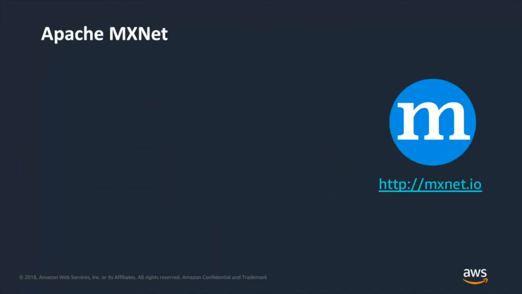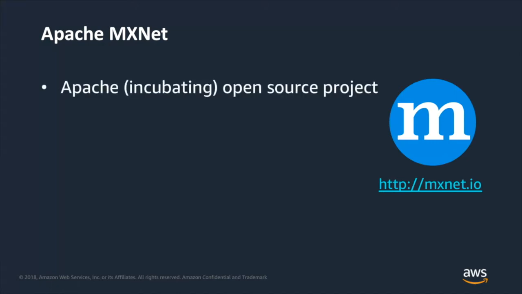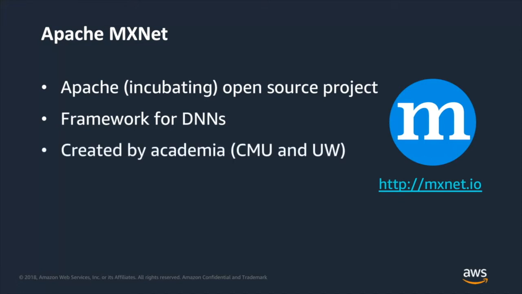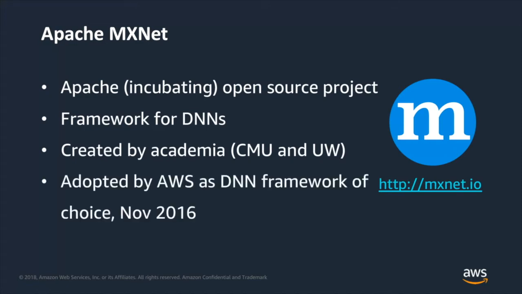So next I'll give you an introduction of what Apache MXNet is. Apache MXNet is currently an incubating open source project under Apache. It's a framework for deep neural networks, both training and inference. It was created by academia, from a collaboration between CMU and the University of Washington.